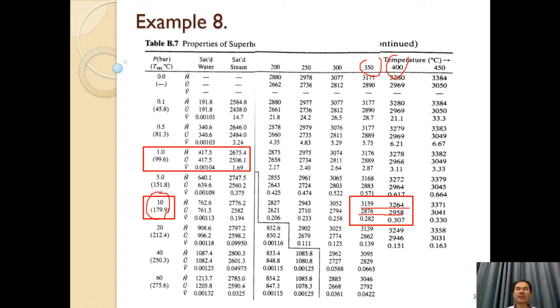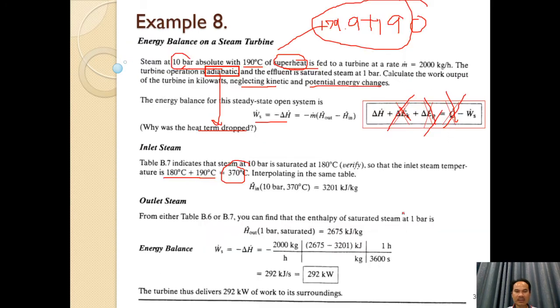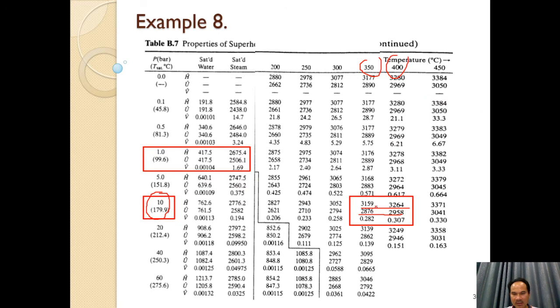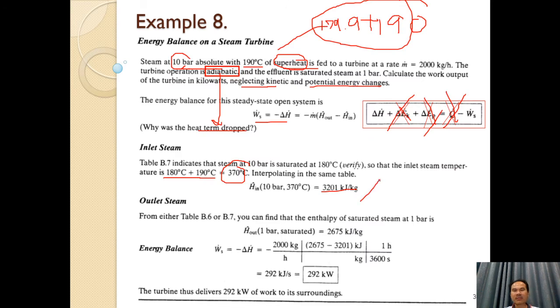You have to use the interpolation that I talked about earlier in this class. The simplest and most common technique is linear interpolation. After you interpolate, you get the enthalpy is 3201 kilojoule per kilogram, which is located between these values.